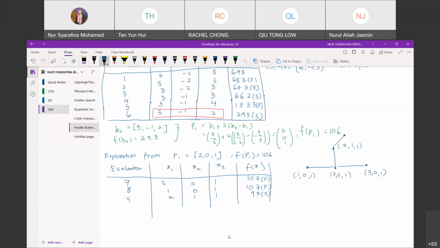The point becomes (2, 1, 2). When it is (2, 1, 2), the function is 272, which is a failure. And again to the back, (2, 1, 0). So (2, 1, 0) will give you 32. So this is a success.